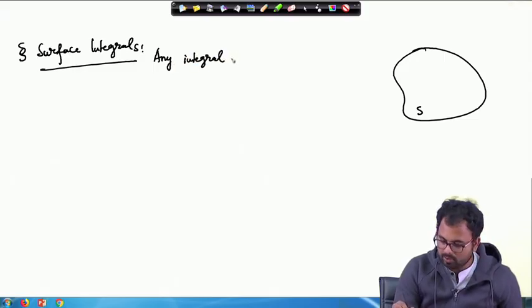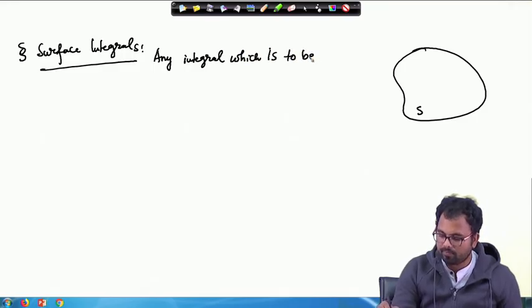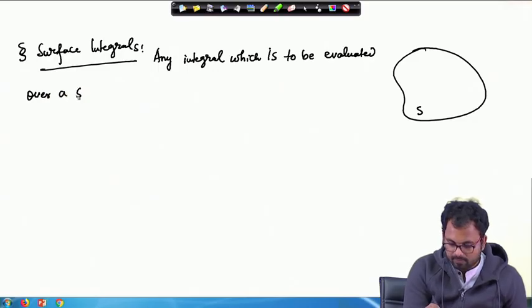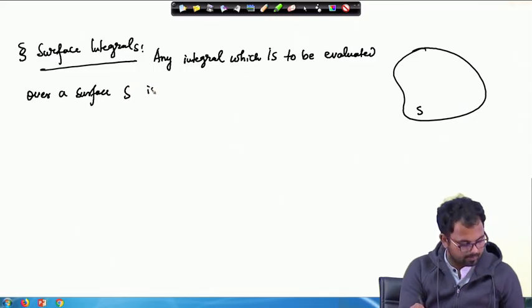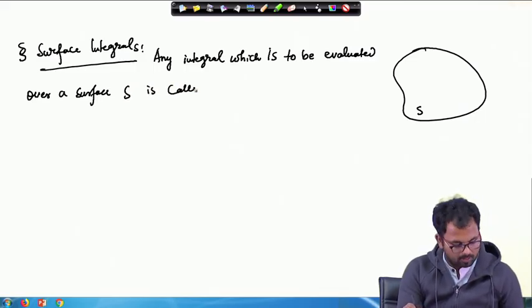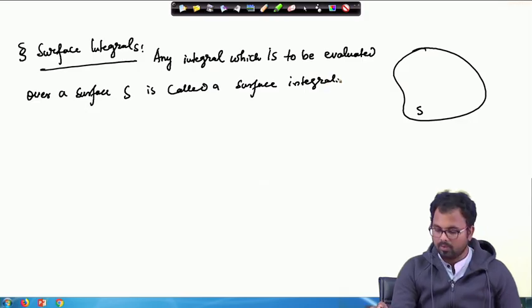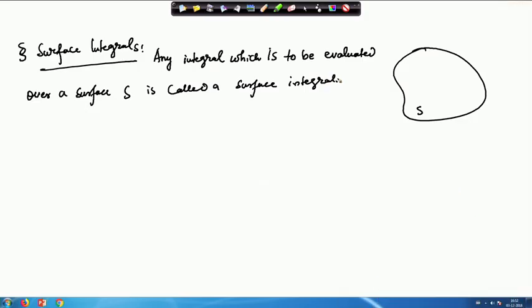Any integral which is to be evaluated over a surface, say S, is called a surface integral. There is a very nice theory going on at the back, but we generally write it in this way.